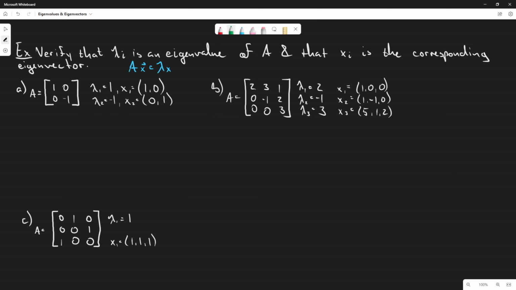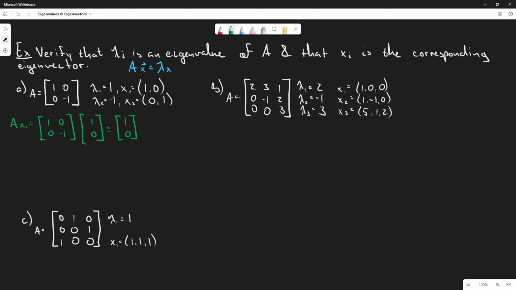The first one is just verifying that A times x1, which is [1, 0; 0, -1] multiplied by [1, 0]. Yes, we have to go back to matrix multiplication, but this one's a simple one, so this would simply be [1, 0].